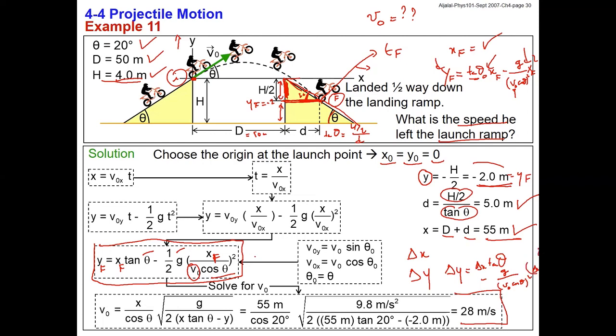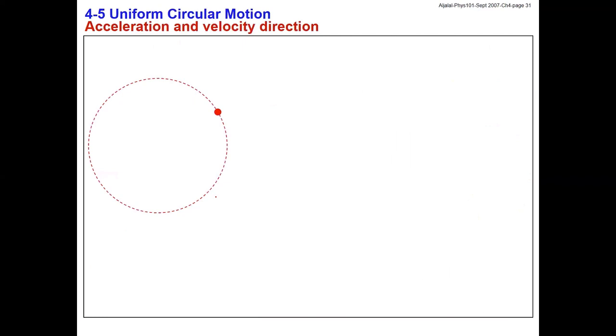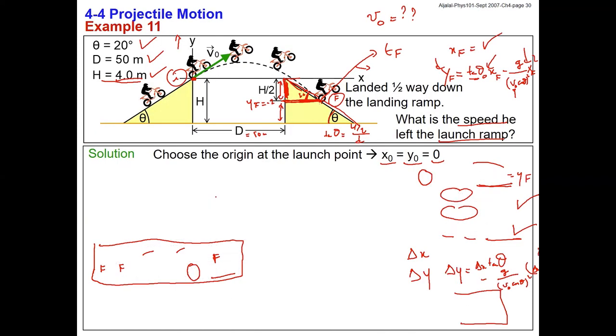Okay. Is it clear? I am just using the equation of the parabola. And then I get it. So thank you very much. Tomorrow, inshallah, we will keep on going and start uniform circular motion. Okay. Thank you.